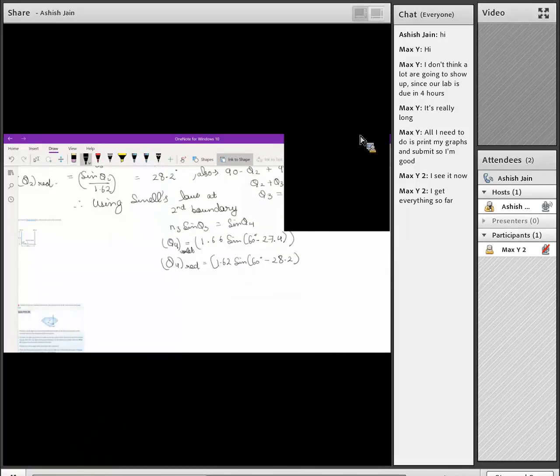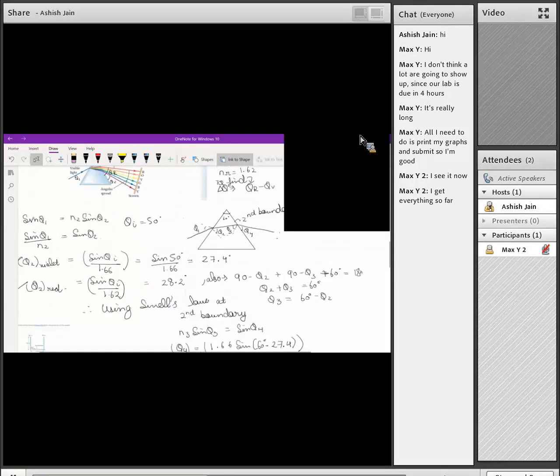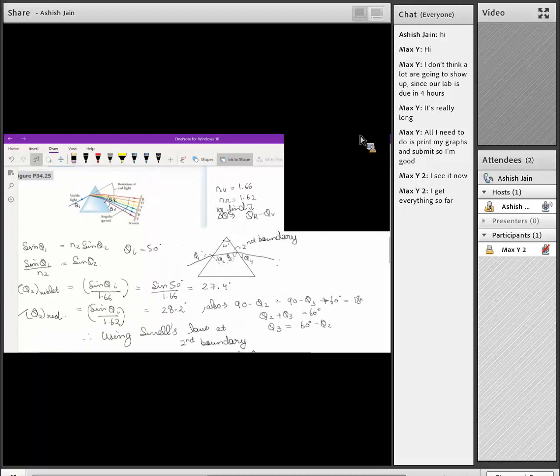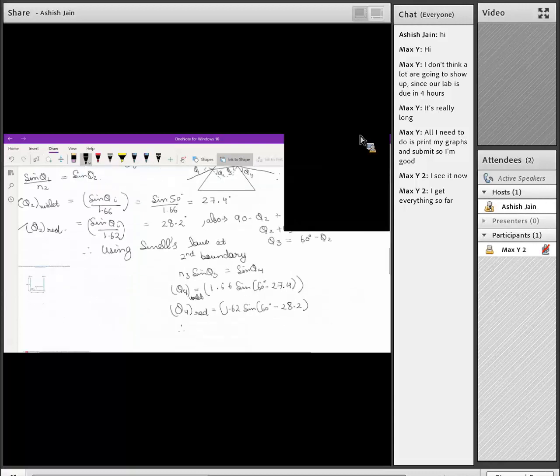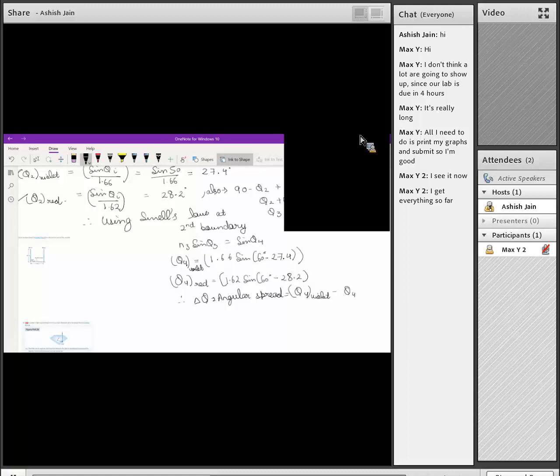Okay, therefore we'll get, just don't be confused there. So delta theta, the angular spread, is equal to theta 4 for violet subtracted by theta 4 for red.